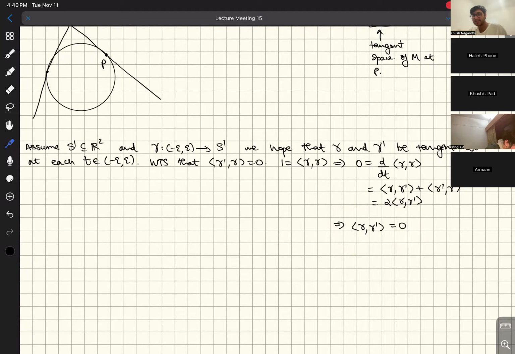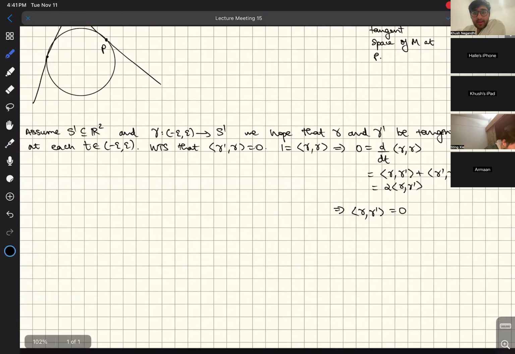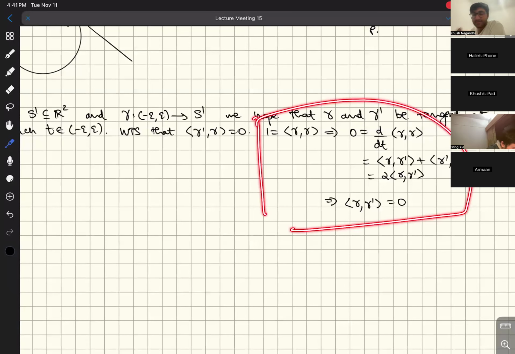So let's look at the derivative of curves in Rn slightly longer and see what we can do with this. One of the issues with this definition is that it doesn't make sense on a general manifold, because we don't have a metric or an inner product, so we don't really know what any of this means.